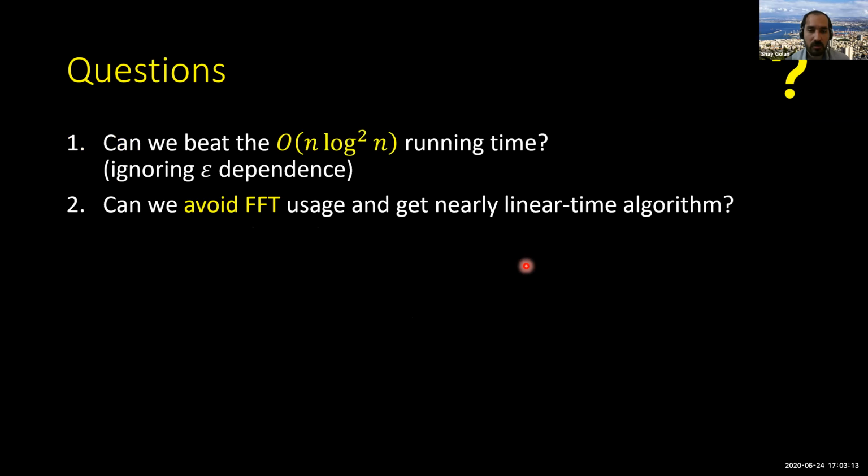And when we see this, 2 questions arise. The first is, can we break the barrier of n log squared n running time? Let's ignore the epsilon, assuming constant epsilon. And the second question is, can we avoid the FFT usage and still get something which will be near linear? And in the paper, we give positive answers for these 2 questions.